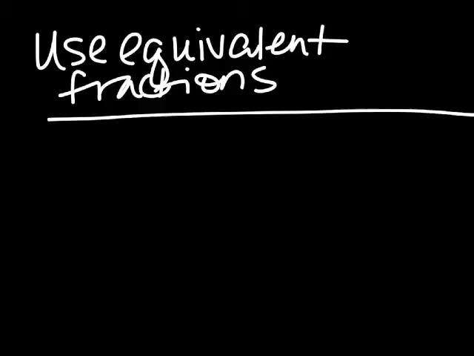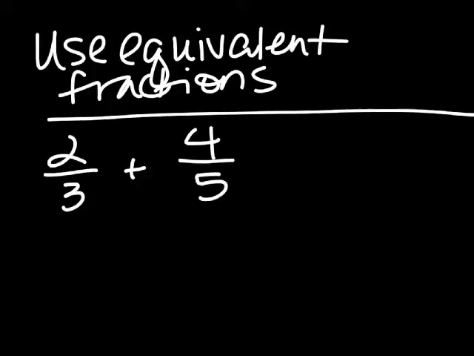So let's say that we have 2/3 plus 4/5. Okay? And I want you to make equivalent fractions for those. The easiest way to do this is to multiply your denominators together. So 3 times 5 is 15.